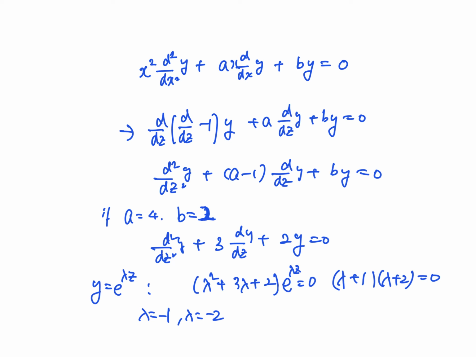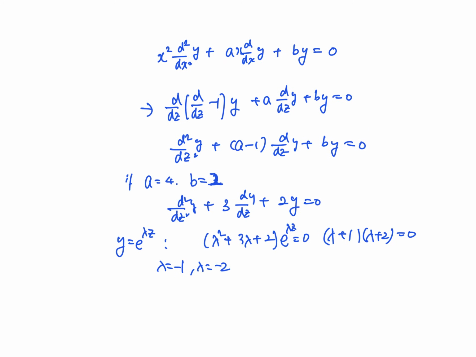So the general solution y is c1 exponential minus log x plus c2 exponential minus 2 log x, that is c1 x to the minus 1 plus c2 x to the minus 2. That's your general solution.